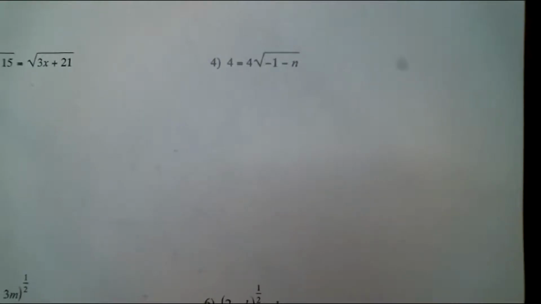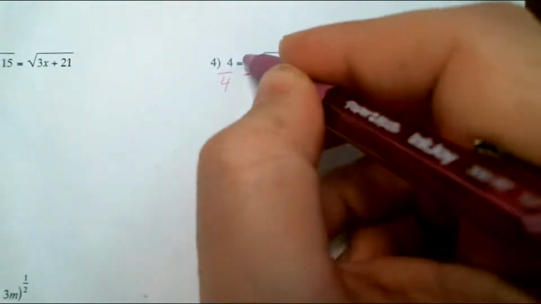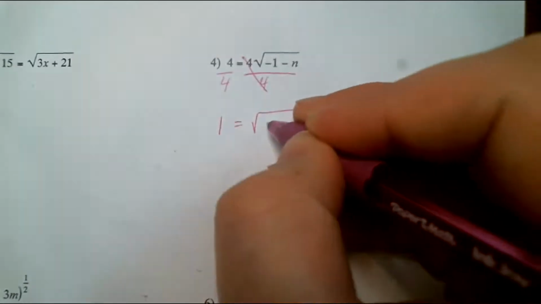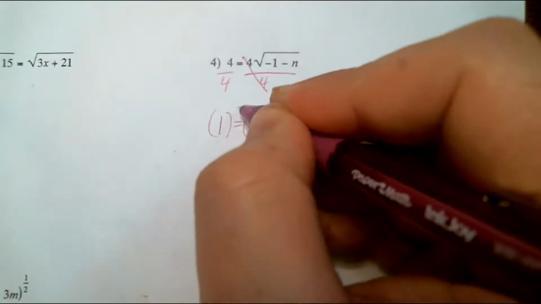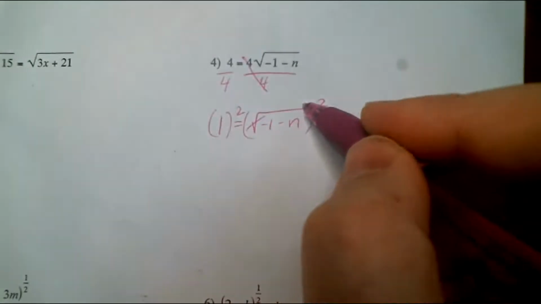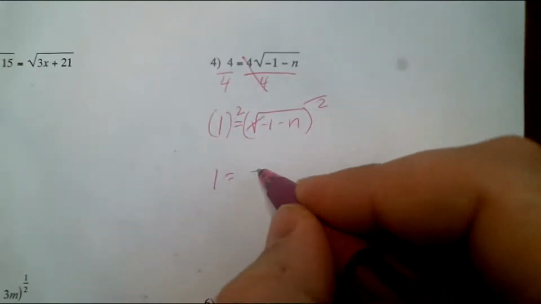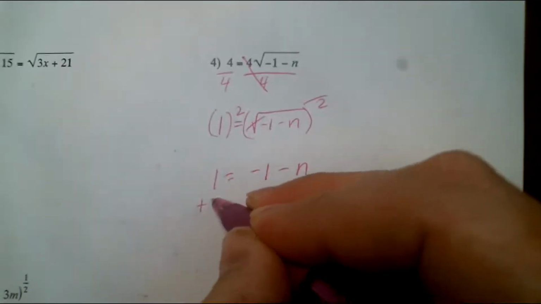So if I'm working 4, my first step would be divide by 4 on both sides first. Cancels there, gives me 1 equals radical negative 1 minus n. Square both sides. Cancels, cancels. And I get 1 is equal to negative 1 minus n. Add 1 to both sides.